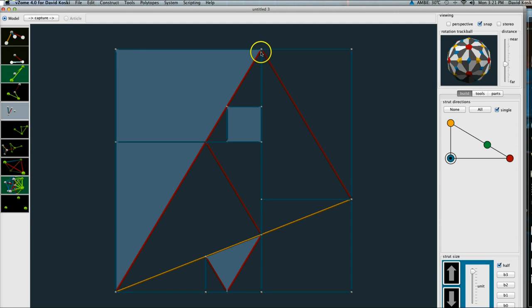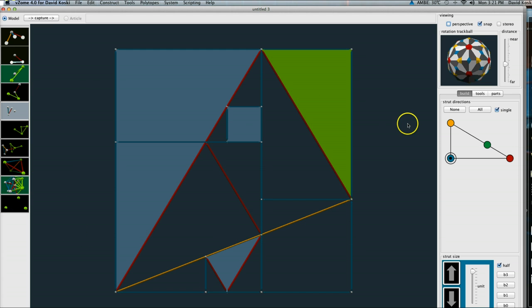Then we have this other triangle that's similar, same angles, and actually the longer edge is 1, the shorter edge is 0.618. So 0.618 times 1, divided by 2, is 0.309.